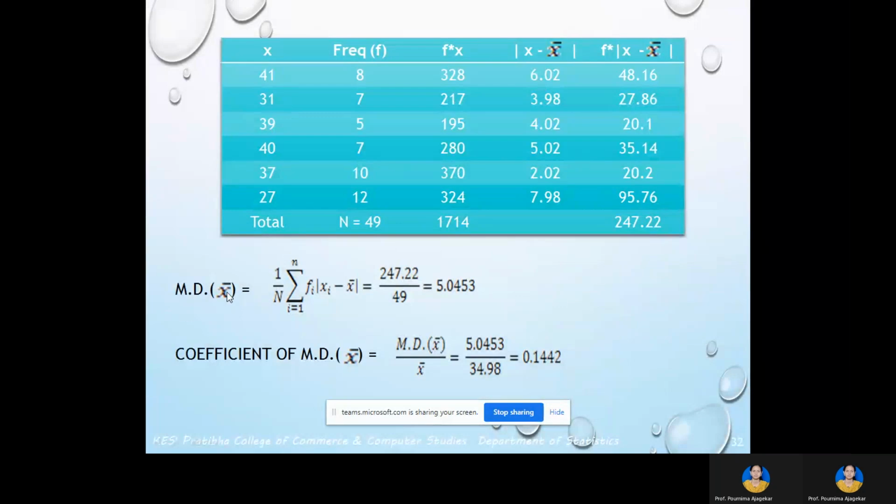Then the mean deviation about mean will be 1 upon capital N summation of fi into mod of xi minus x bar, and we get that mean deviation 5.0453. Then coefficient of mean deviation is mean deviation about mean divided by mean, and we get that coefficient equal to 0.1442.